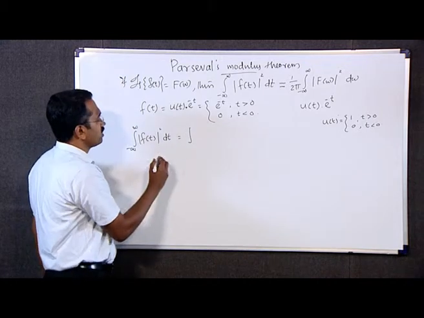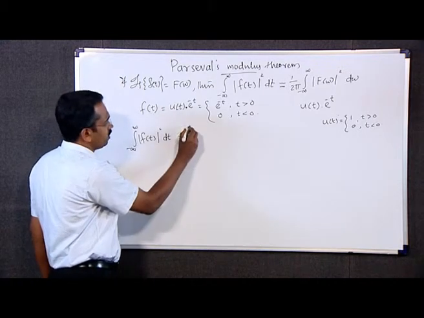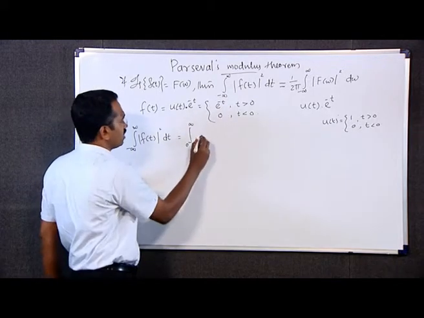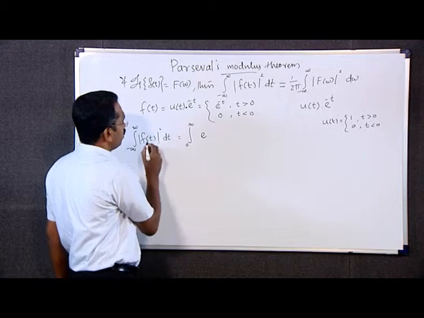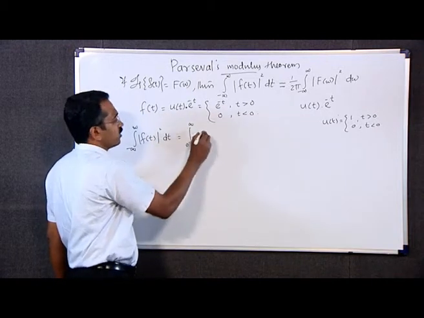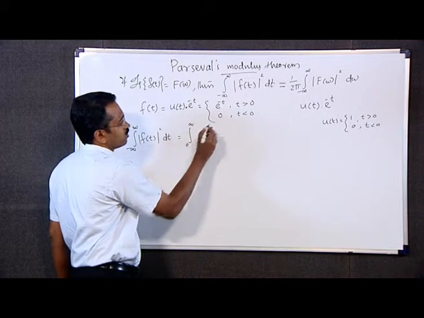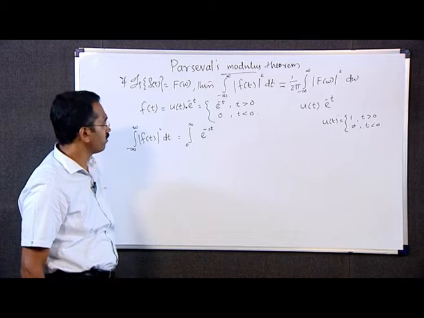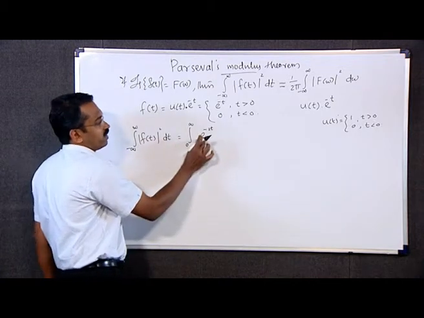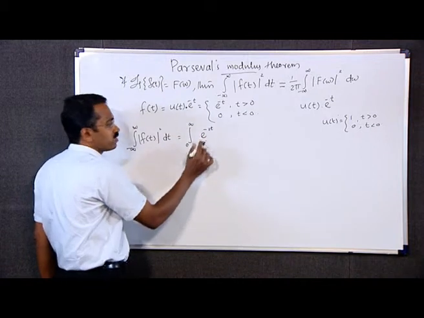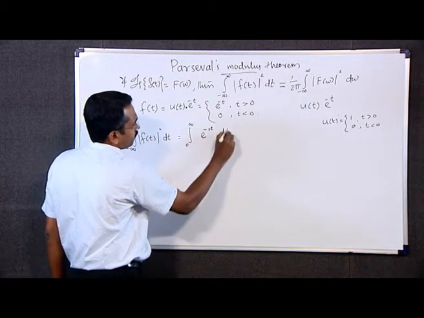Therefore, we can write this integral as integral from 0 to infinity. In this case, the function is defined as e raised to minus t. Therefore, modulus of e raised to minus t the whole square means e raised to minus 2t. In this range, the modulus is the function itself, and the square is e raised to minus t whole square, that means e raised to minus 2t dt.